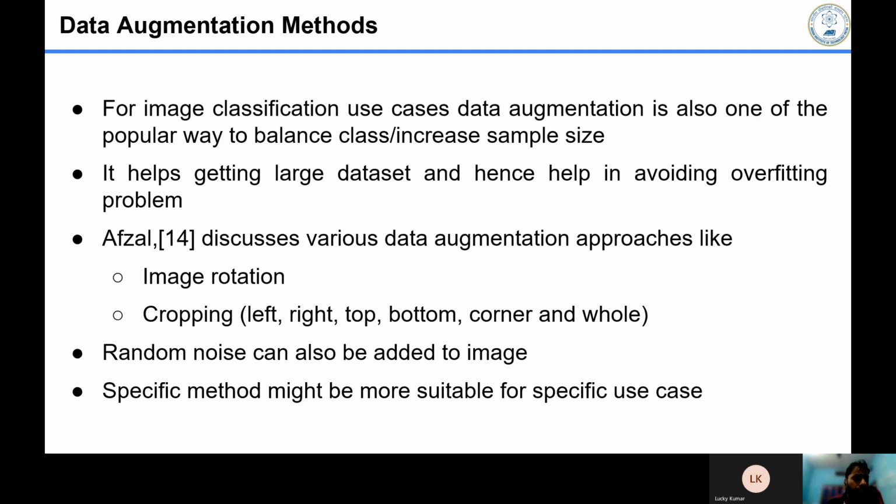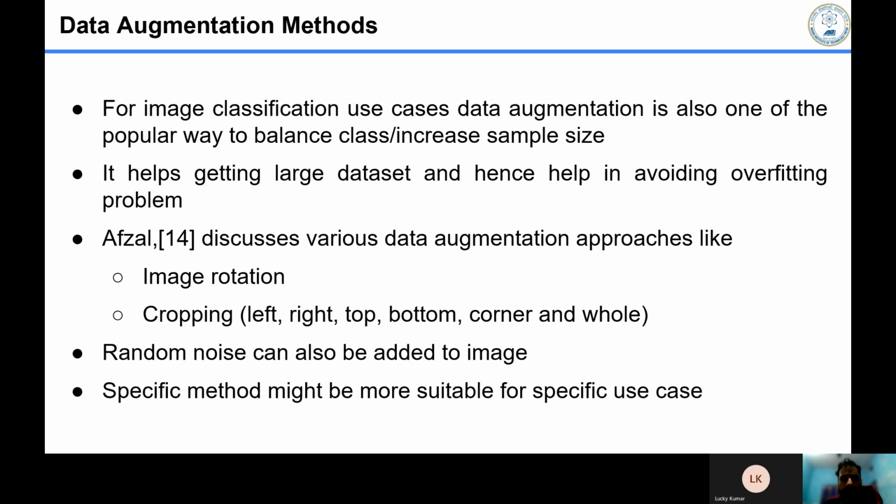Afzal in his work discussed various data augmentation approaches like image rotation and cropping of the image. Even in cropping, they've tried left, right, top, bottom, or even just cropping a corner of the image, or cropping the entire image itself. They've also tried adding random noise to the image.